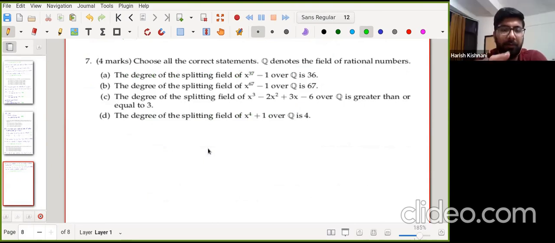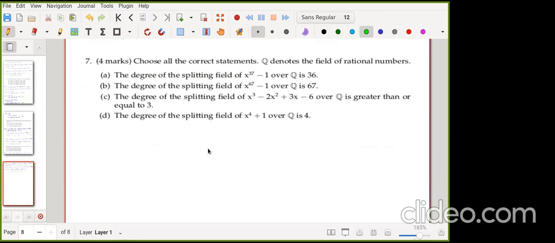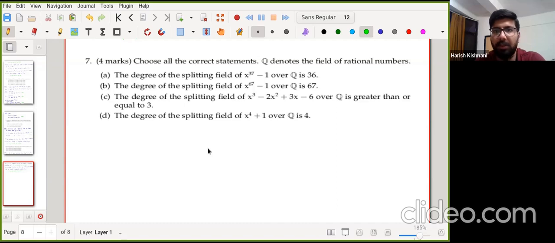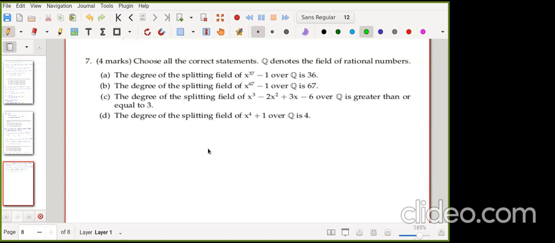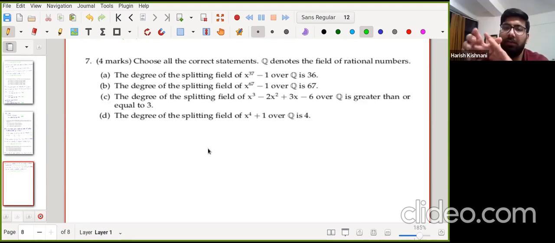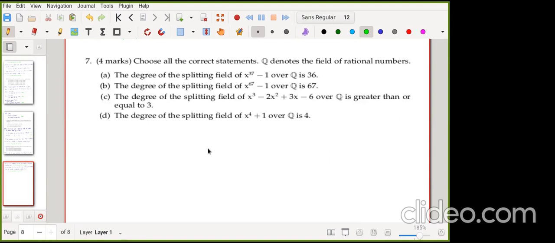So what you want to say is that the degree of the splitting field of the polynomial x^n minus 1 over Q is equal to phi of n, Euler's phi function. Is it always the case? At least for prime, I can say yes.